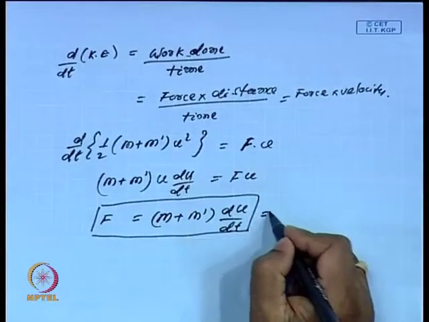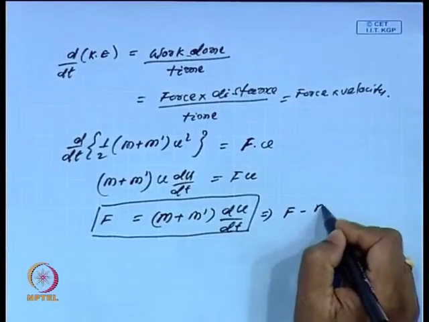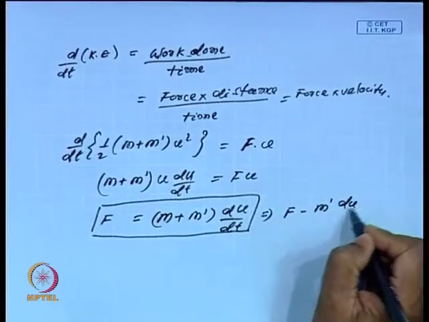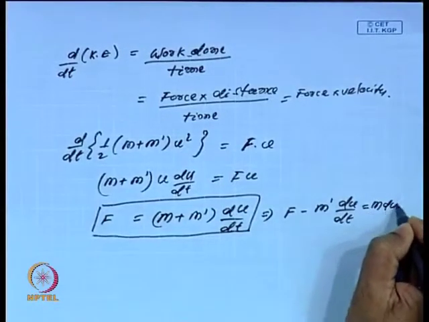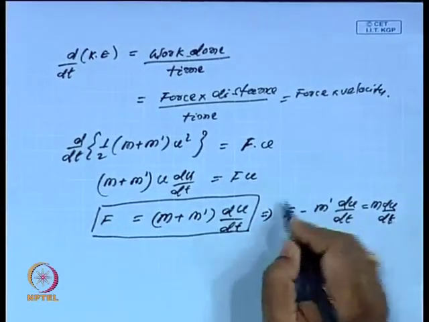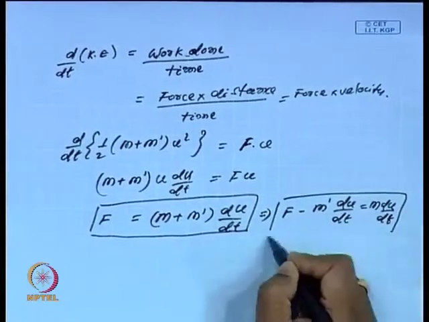Which I can also write as F minus m prime du by dt is equal to m du by dt. So, one of these forms I can write.